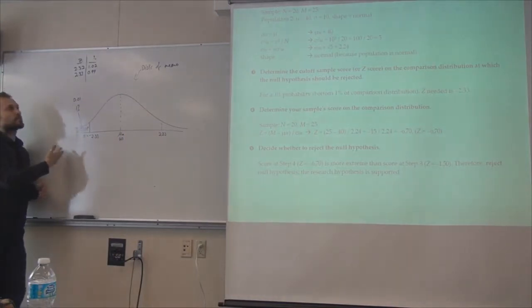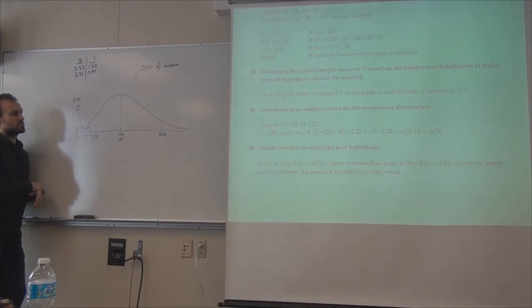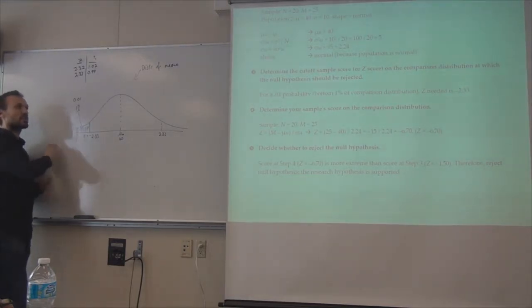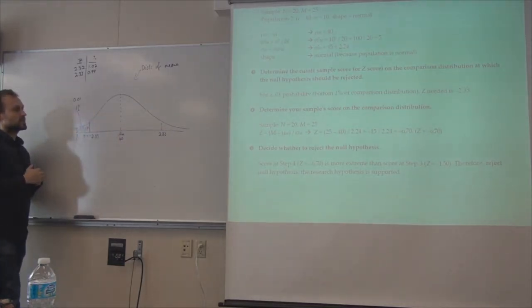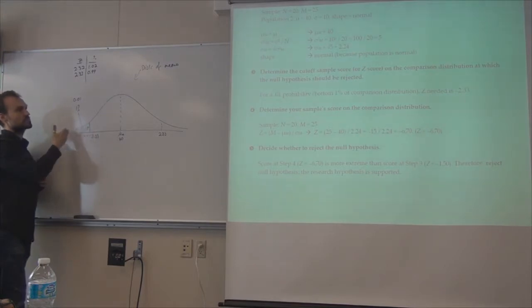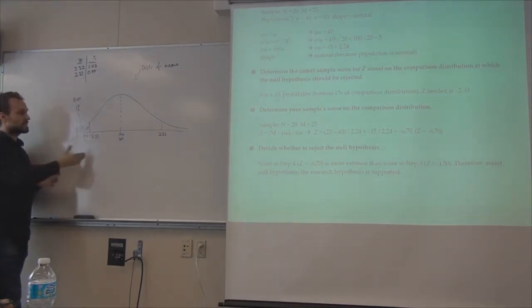I found a sample that is very extreme in terms of its average stress score. Very extreme. I was happy with this level over here. This is much more extreme. That's very unlikely to find. If I look at all possible samples that I could take, the chances of getting something in this region over here is 1%. I get something way out there.